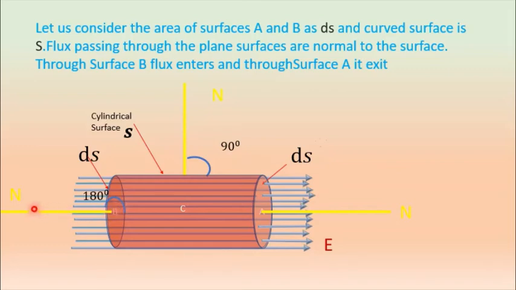The normal is drawn from the surface in the upward direction, and the electric field lines enter the cylinder. So these two lines are in the opposite direction and make an angle 180 degrees.